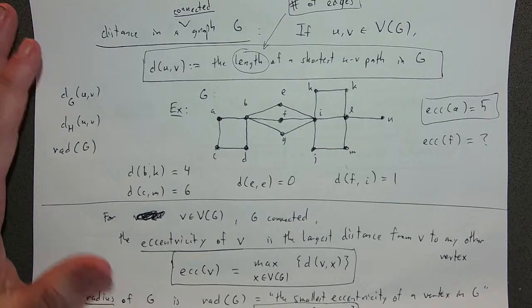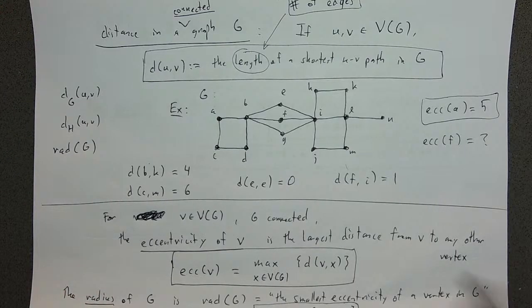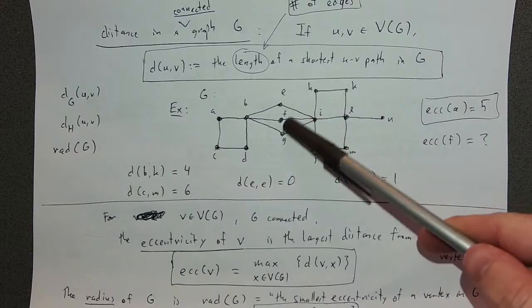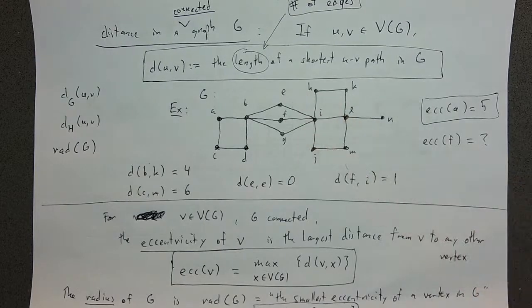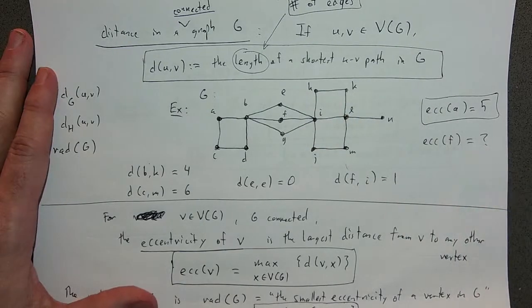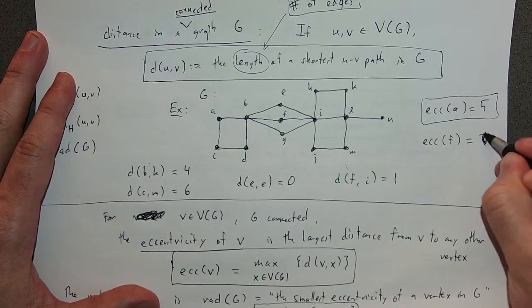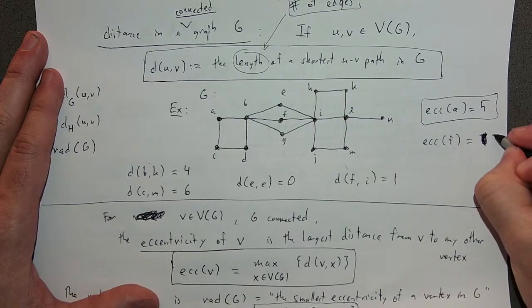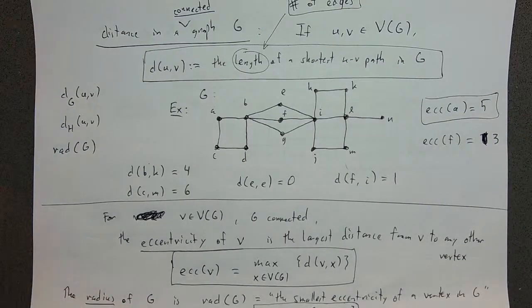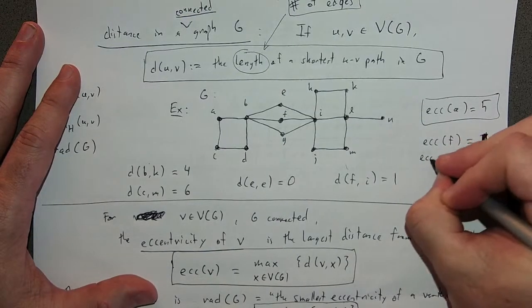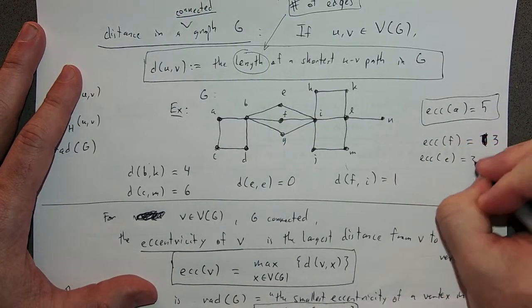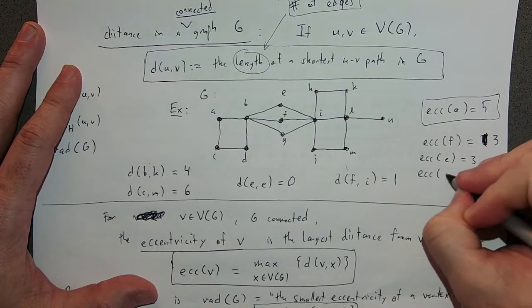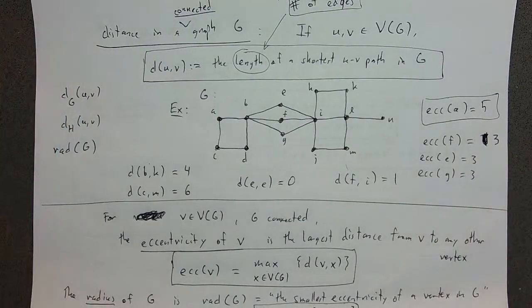Well, it turns out the smallest possible eccentricity is actually at F, also at E, also at G. The eccentricity of F, if you were thinking about it, what is it? You can tell me in the chat. I'll believe you, even though by the time it types, I will have revealed it. This is 3. The eccentricity of E is also 3. The eccentricity of G is also 3.